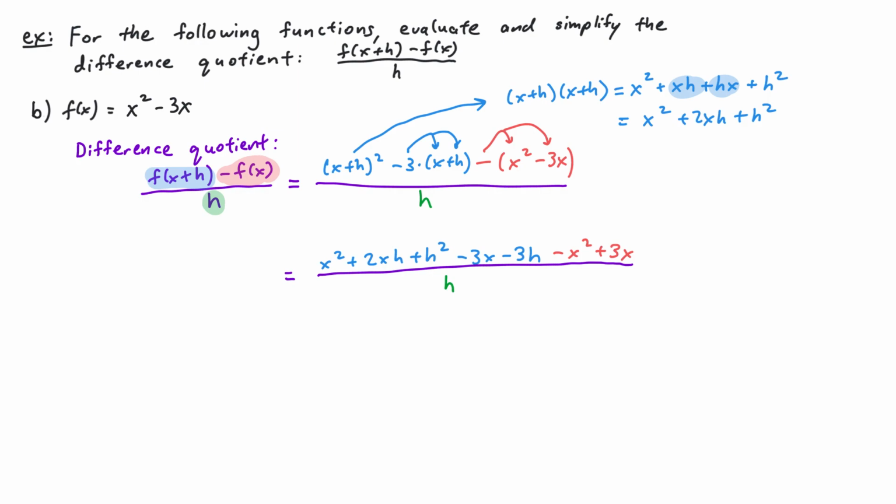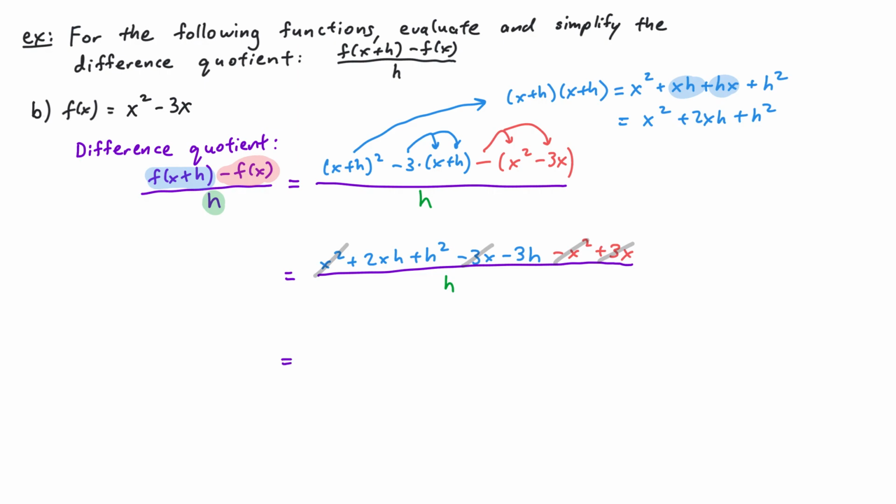Looking at the terms in the numerator, we see that certain things will cancel out. For example, we have a positive x squared here and a negative x squared here, so those two things can cancel out. We have a minus 3x and a plus 3x, so those two terms can cancel out.